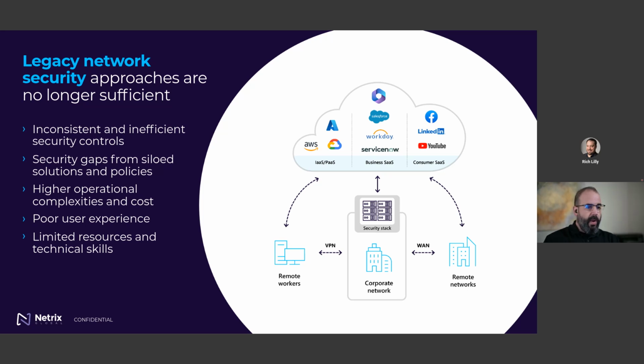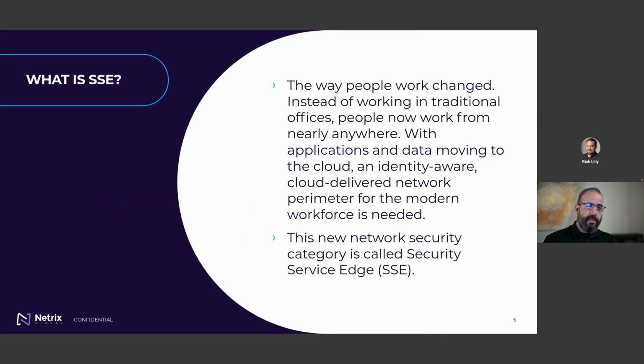So what we have seen come up is this new category of security service edge. It's the ability for us to provide something that's more identity aware, something that's more cloud-based and is agile for what we need in modern technology.